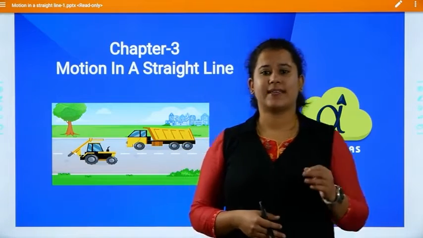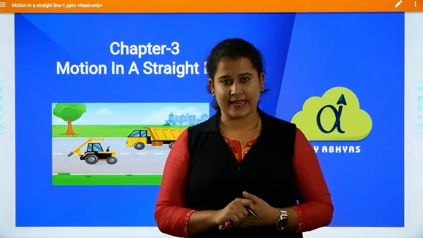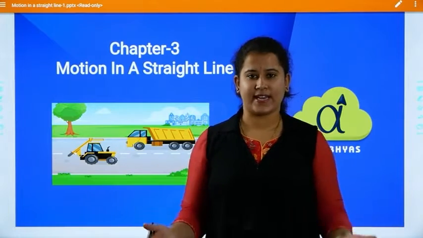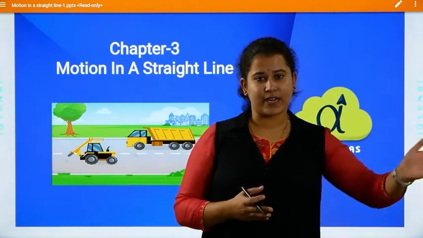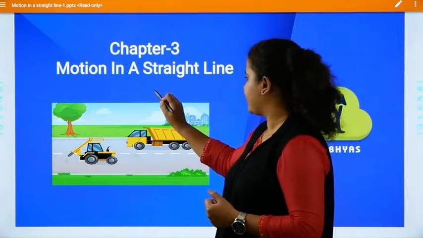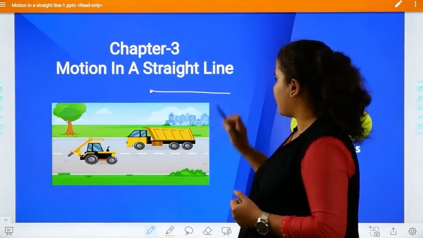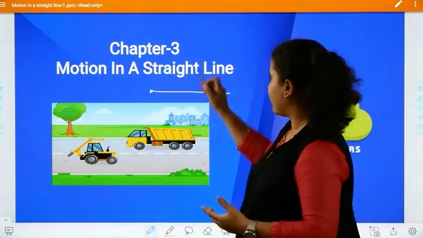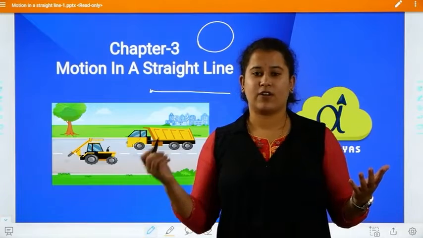So motion in a straight line means what? Whenever I consider a straight line, it is nothing but one direction, right? Whenever a body is going in only one direction, we call it a straight line. So whenever we draw a line like this, we call it a straight line. Whenever we draw a line like this, we call it a circular line or curved line.